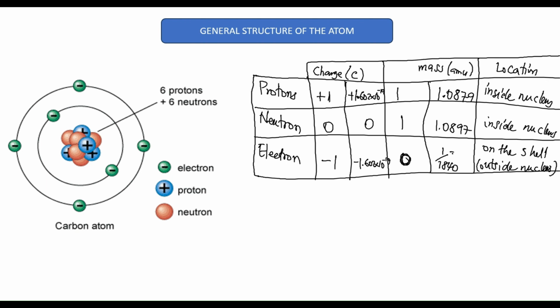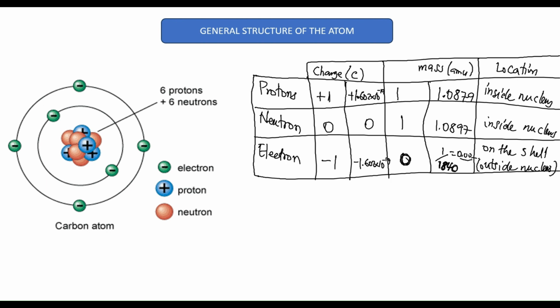So 1/1840 is not exactly zero, it's 0.00 and some other number, so approximately that's why we get to zero. It has an actual value, but the mass is very, very insignificant. That's why we actually don't consider it. So the mass of the electron is generally considered to be zero.